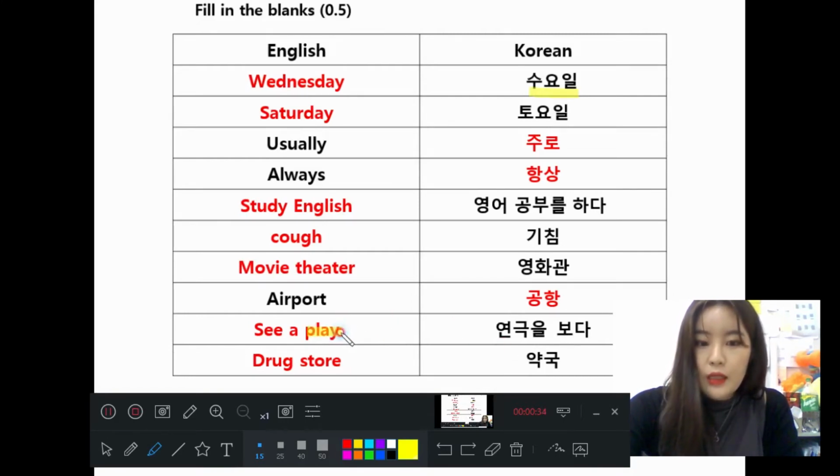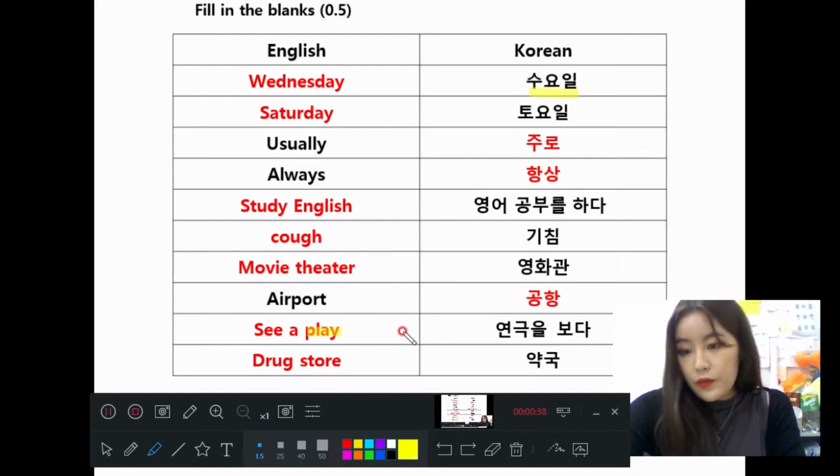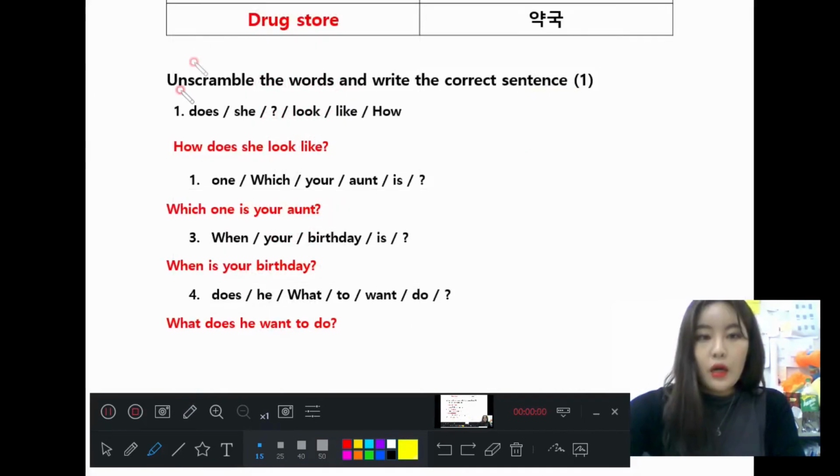This play is kind of special, right? If we are using this word as a verb, the meaning of this word is 놀다. But if we're using this word as a noun, its meaning is going to be 연극. So it's going to be 연극을 보다. Drug store is 약국.